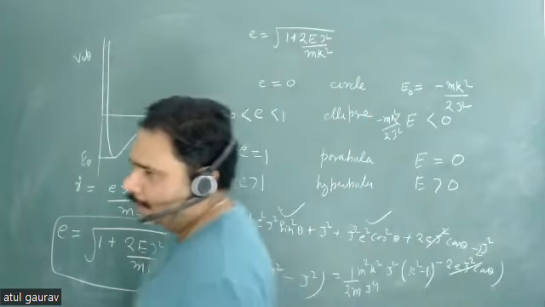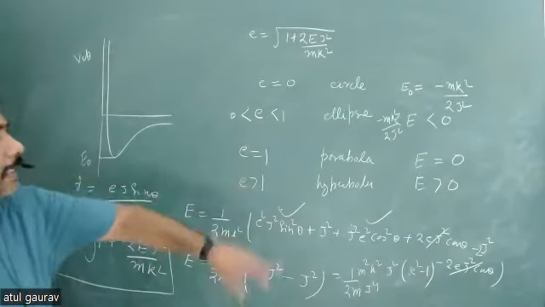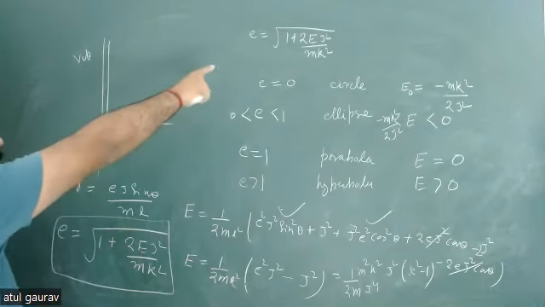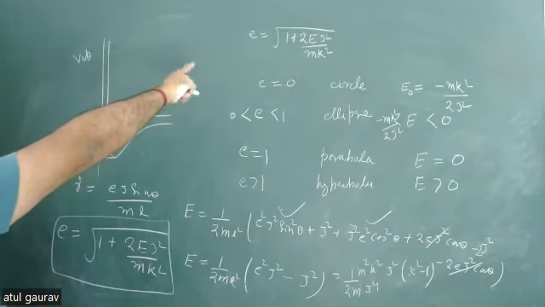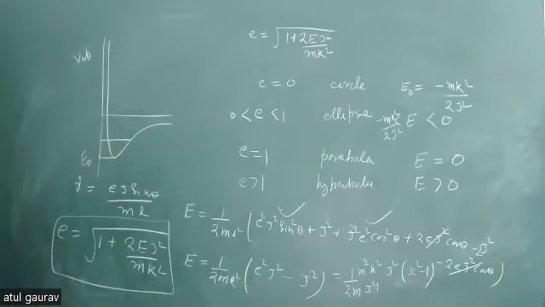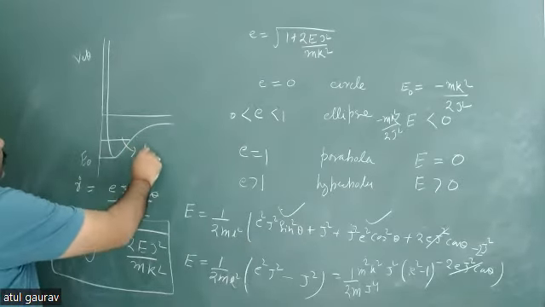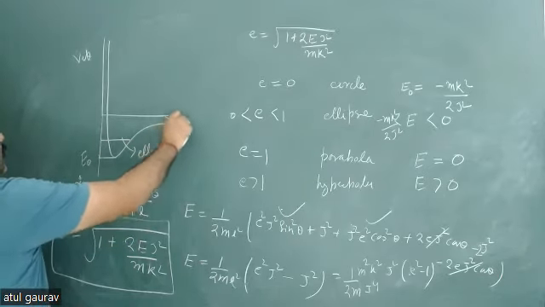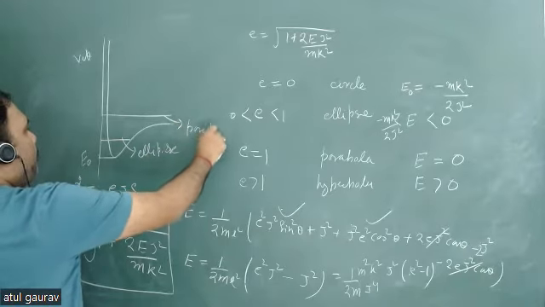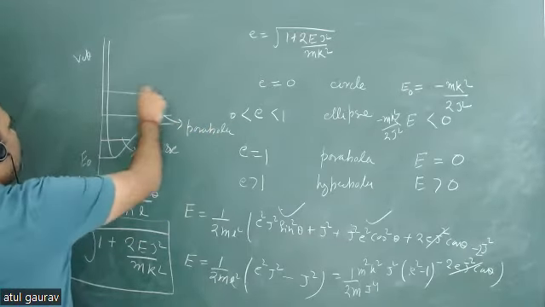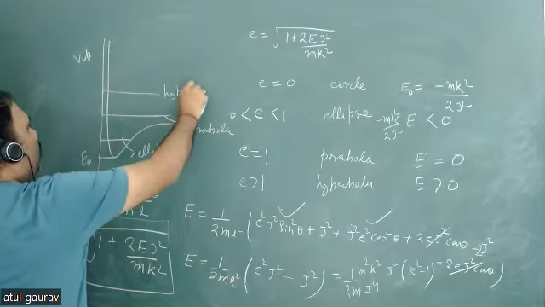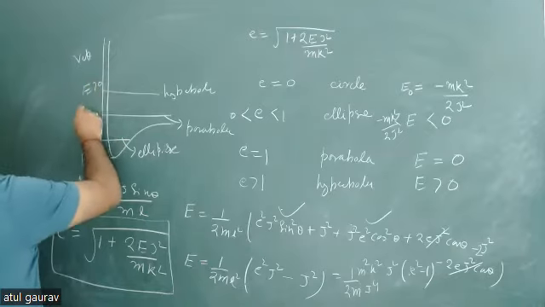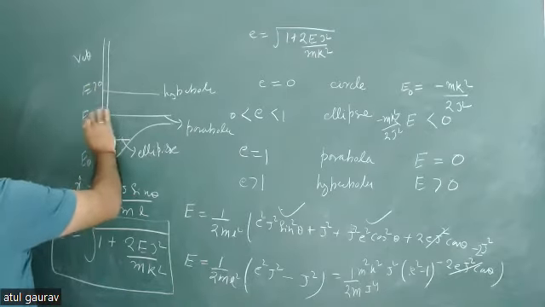So now you can see whatever we have analyzed, we can discuss from this particular expression, not equation. This is the case of ellipse. This is the case of parabola. And this is the case of what? Hyperbola. This is E greater than 0. This is E equal to 0, isn't it?